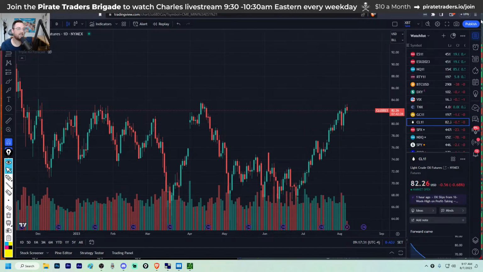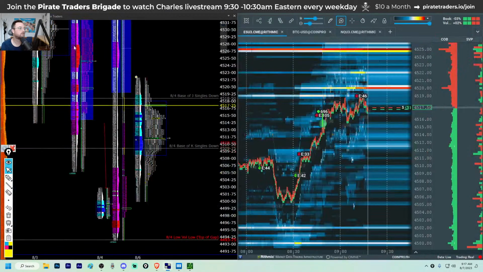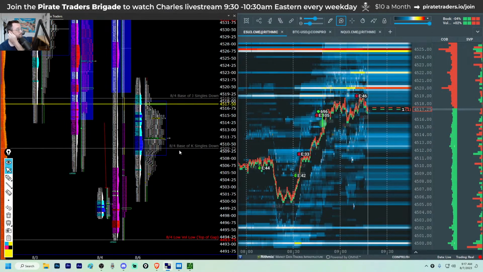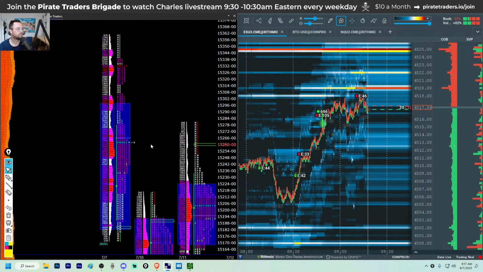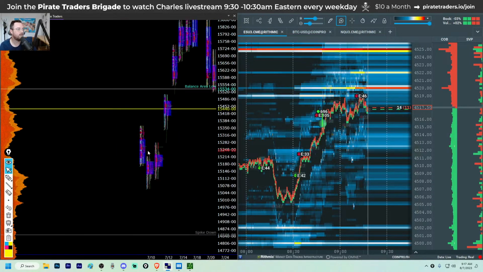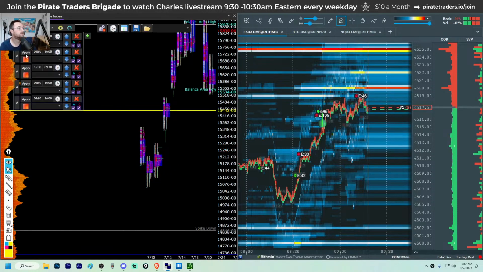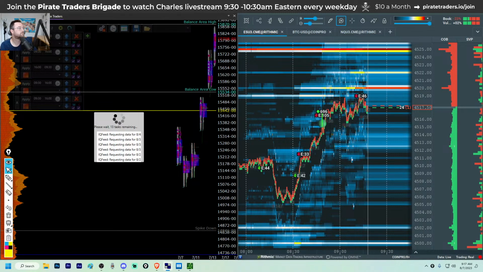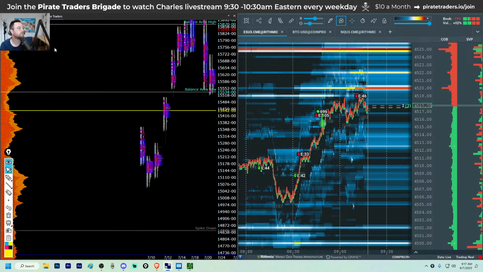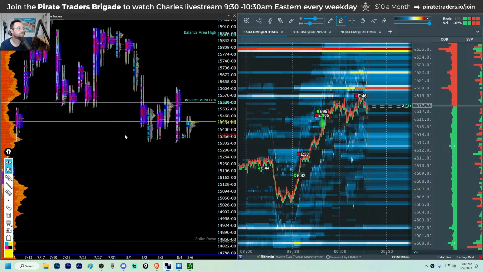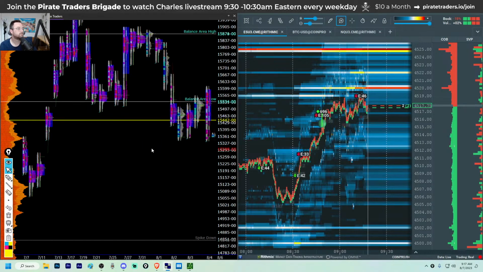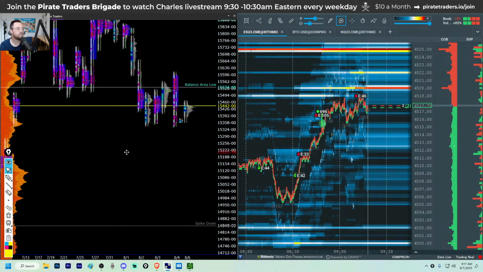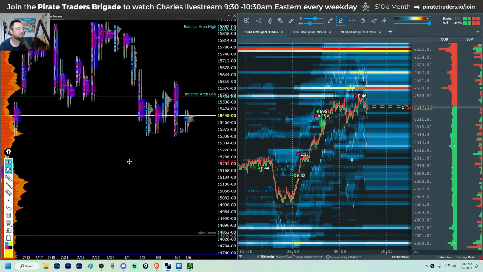Let's take a look at the NQ real quick, on the market profile. Man, NQ is much trickier than the ES here.